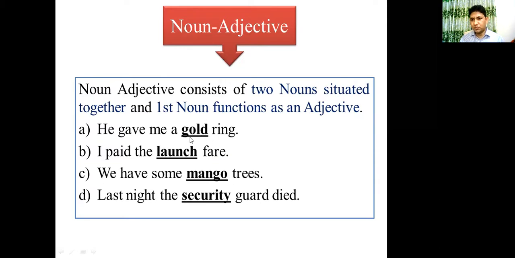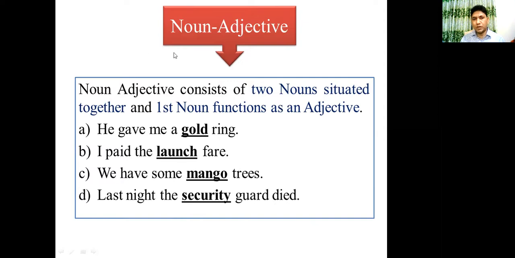First noun becomes adjective. I fed the lawn's fear. Here, lawns is a noun, fear is a noun. But when two nouns are situated together, the first noun becomes an adjective, and that is a noun adjective. In the same way, we have some mango trees. Here, mango is a noun adjective. Last night, the security guard died. Here, security is a noun adjective.